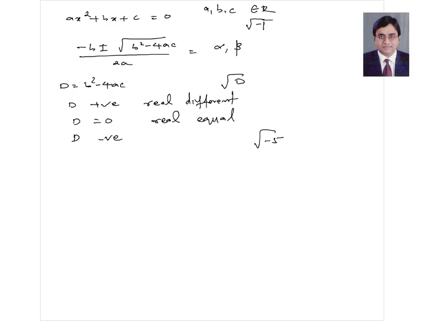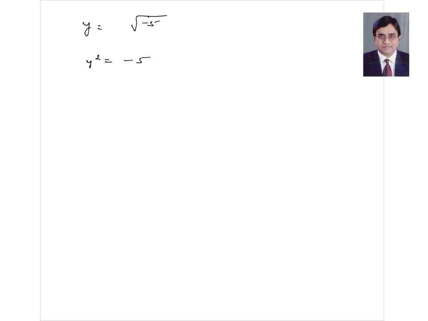So then you have complex roots. A complex number is that number which may have such type of numbers called imaginary numbers. These are called imaginary numbers. On the real number line, you cannot put a mark for root of -5.